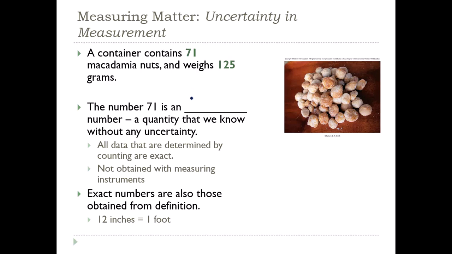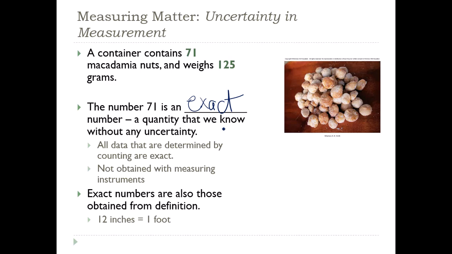So hopefully you said it's an exact value because we can count it, so it's a quantity that we know without any uncertainty. So all data that are determined by counting are exact, and for exact numbers, we don't use measuring instruments or devices to obtain them.